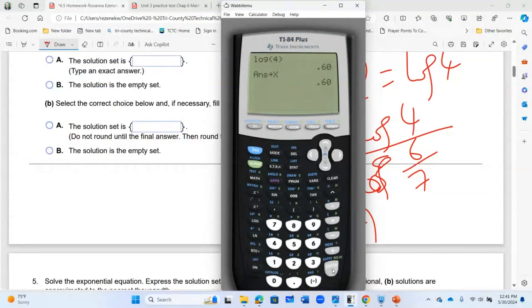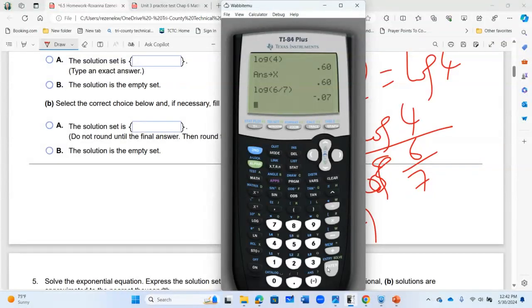Then I find the denominator, log of 6 divided by 7. Close parenthesis, hit enter, and this is what I have in the denominator.